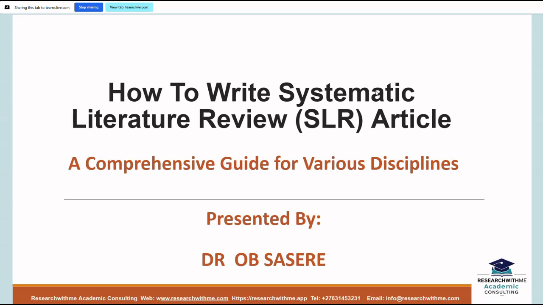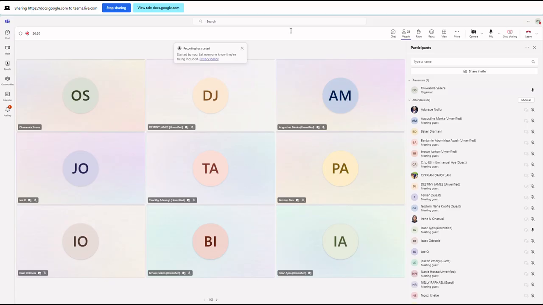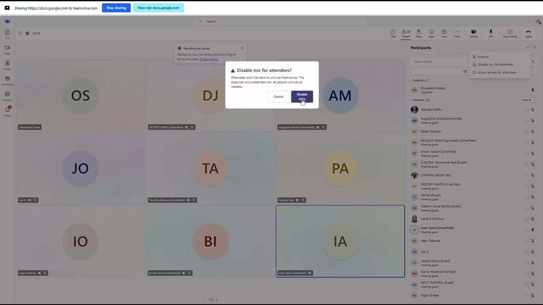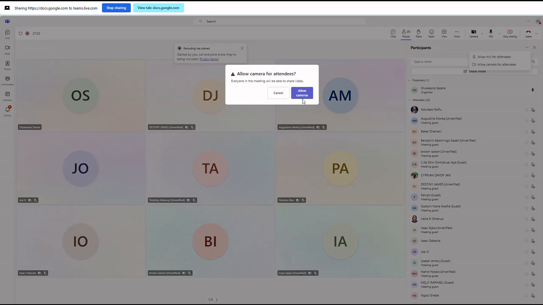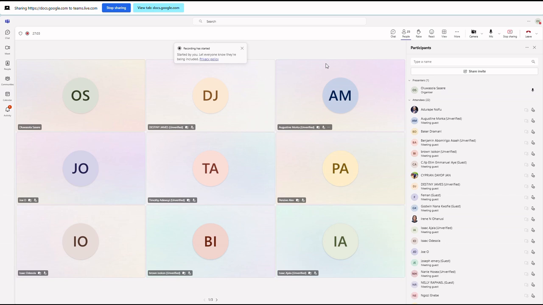So far, so good. We have been able to cover various aspects of a typical article, and we've been able to cover areas that are very essential. So before we round up on different parts of articles, we deem it necessary to also talk about systematic literature review.